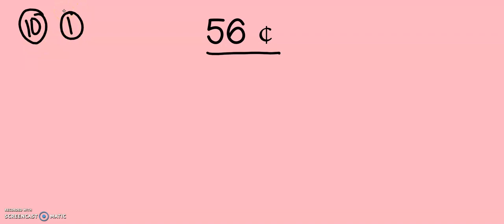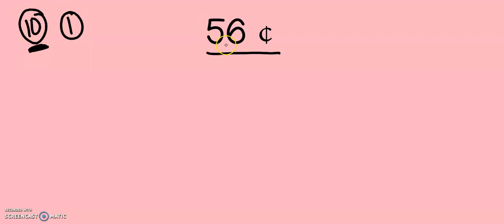Now, when we count our coins to make a certain money amount, we always want to start by using the biggest coin. Now, I don't mean biggest in size, I mean biggest in amount. Just like when we represented numbers, we always did the hundreds first, then the tens, then the ones, because the hundreds were the biggest. So today, since we're only using tens and ones, we're going to start with the dimes.